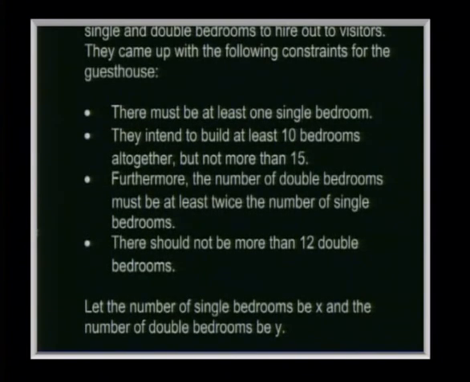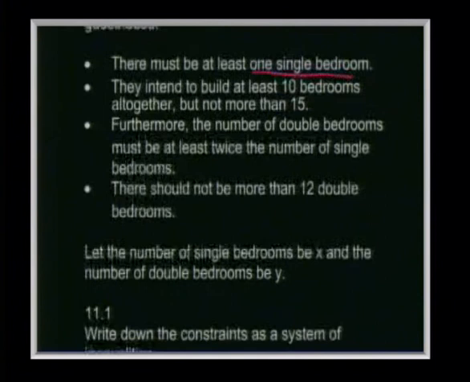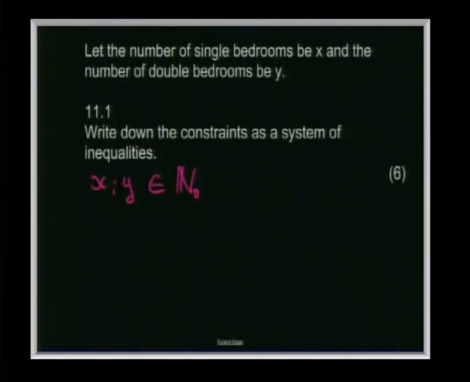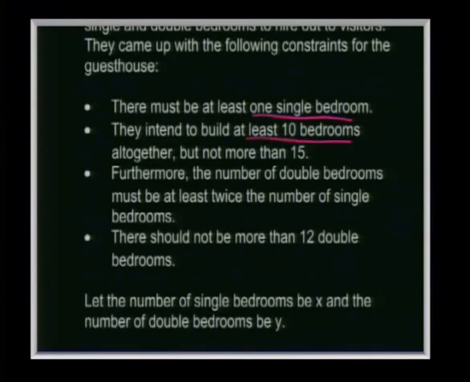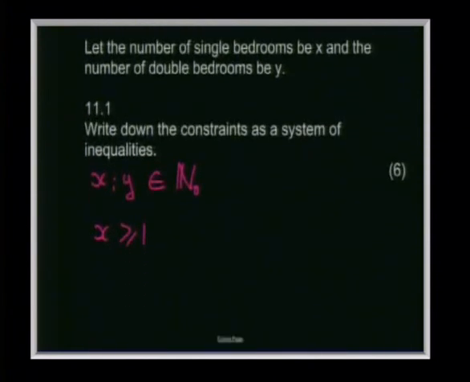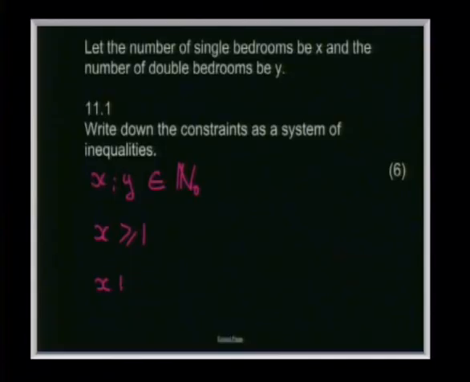At least one single bedroom. Single bedrooms are x. So x has to be bigger than or equal to 1. That's our first constraint. At least 10 bedrooms altogether. So singles and doubles together, at least 10. So x's and y's together must be at least 10.